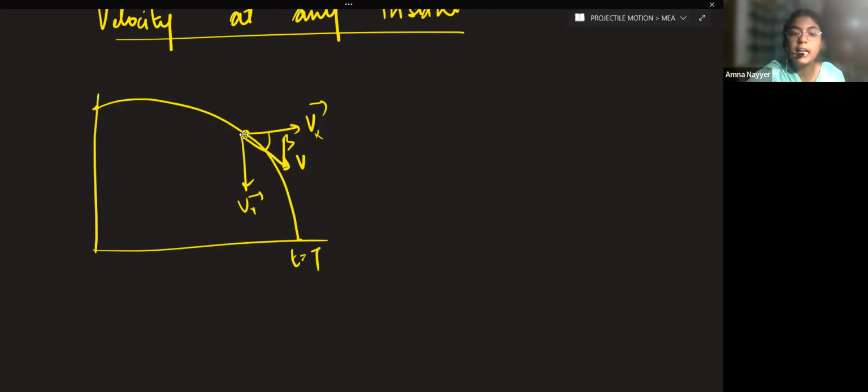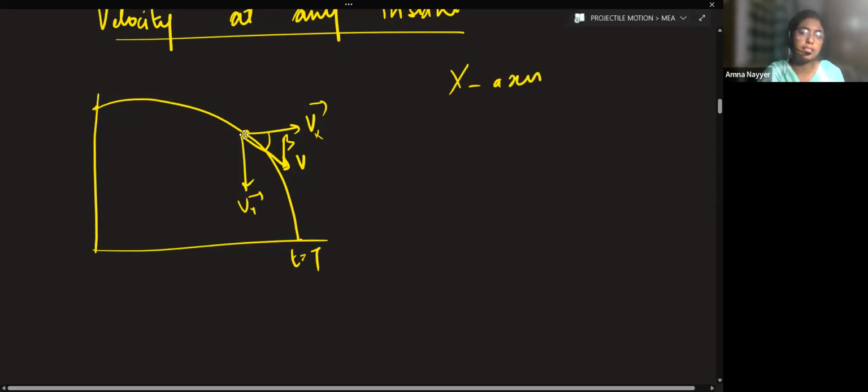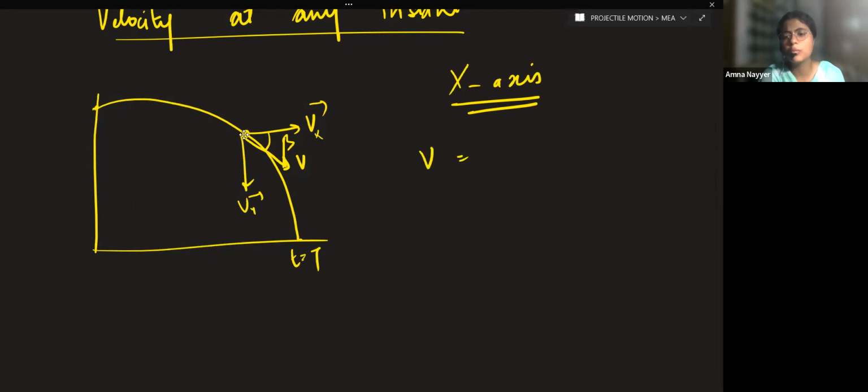Now, velocity at any instant, if you try to find out. See, class, if we try to find it along x-axis, because x and y we have to do separately. So after some time, let's use the equation v is equal to u plus at. And in your derivations in your exams, use exactly the same equations that I have started with. Otherwise, you'll not be able to reach your answer. It will give you a longer method to do. So vx becomes ux plus ax t. Ux is equal to u, and acceleration is 0.